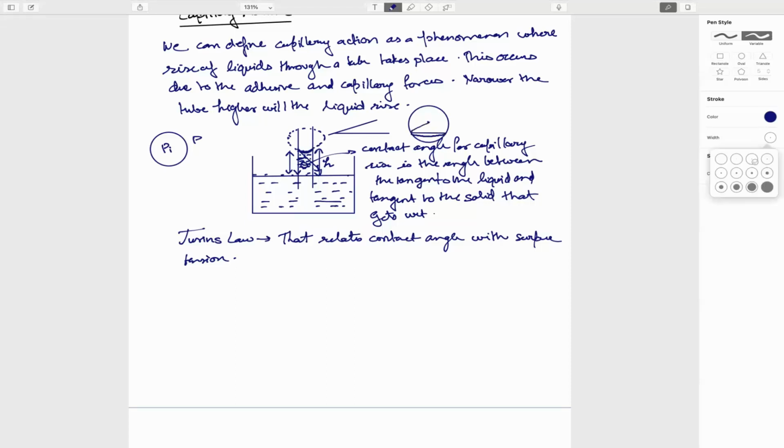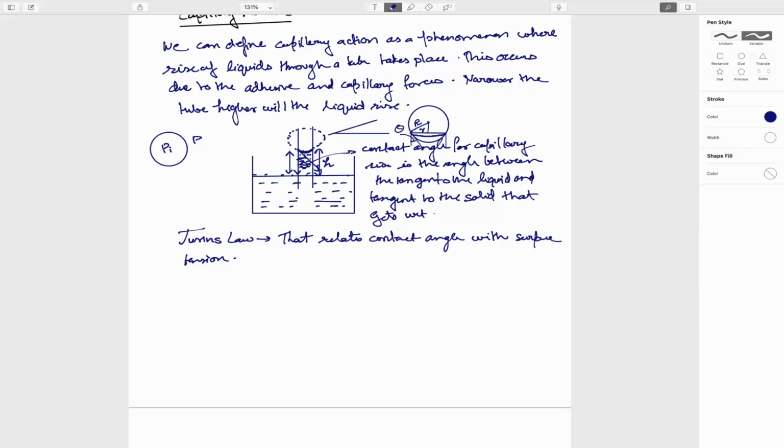So if this is the radius r, and this is the radius of the tube. The tube is like this. So consider small r as the radius of the tube, and this is the radius of the meniscus, that is capital R, and this angle is theta.